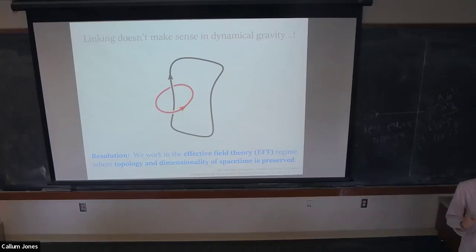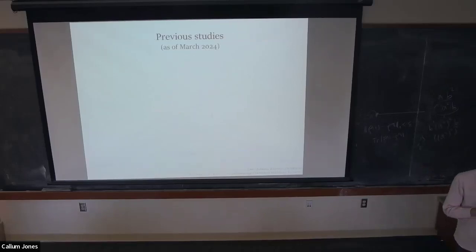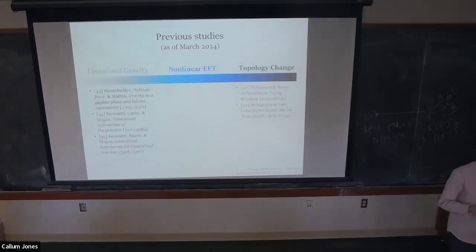So in this talk, I will restrict my scope to the effective field theory regime of gravity, where the topology and dimensionality of spacetime is preserved. But even with this restriction, we still have more things to explore.